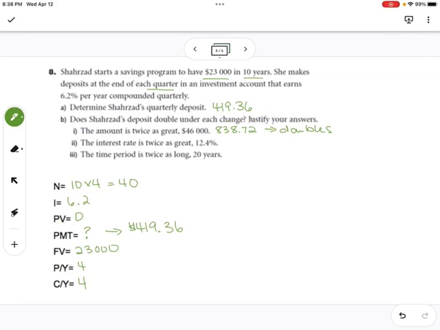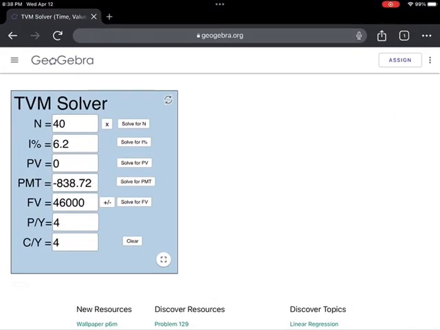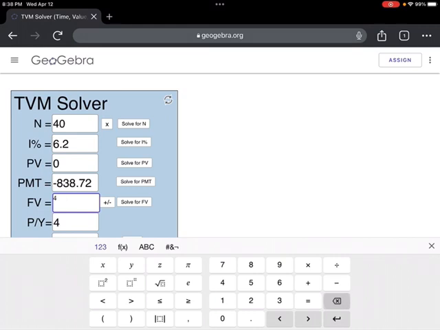Now looking at the interest rate, if we double the interest rate, keep everything else the same. So I'm going to change this one back to the 23,000. And we're going to change this one to 12.4. Press solving for the payment again.